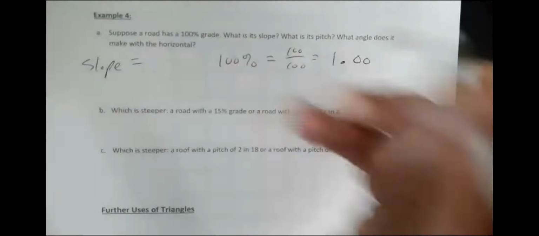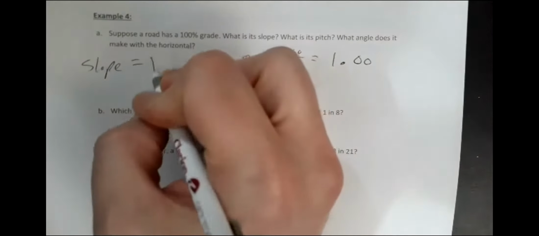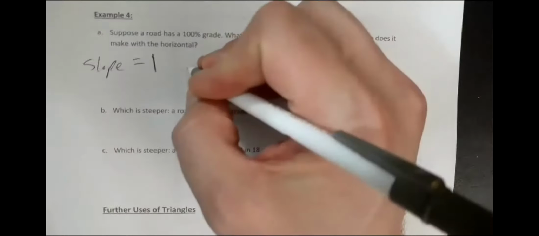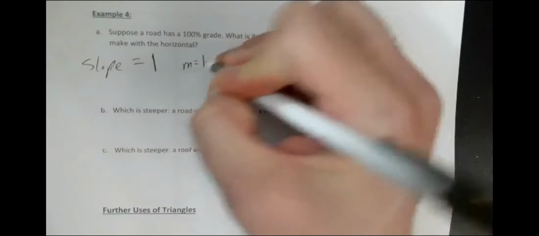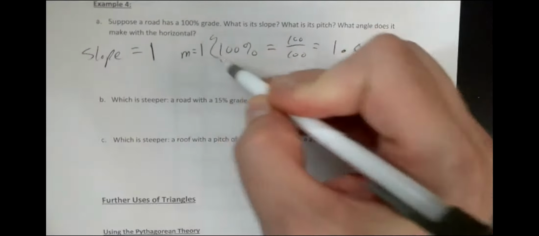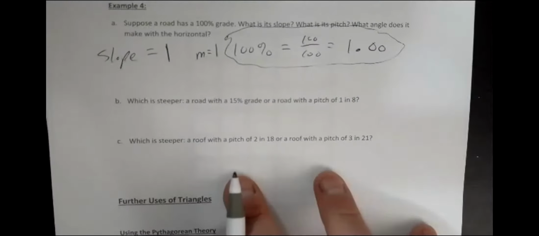If they asked me the slope of this and I was in my other math class, what I would tell them is I have a slope of 1. Typically, if you just have a number over 1, you just put the whole number there. So this would be a slope of 1. Commonly we use m to talk about slope. So that's my slope.